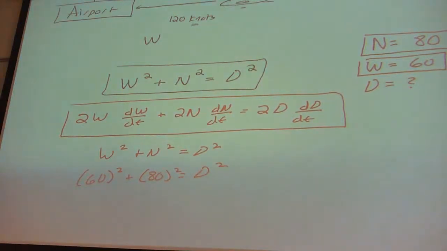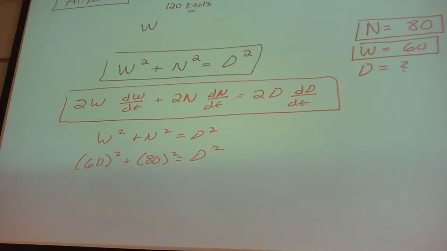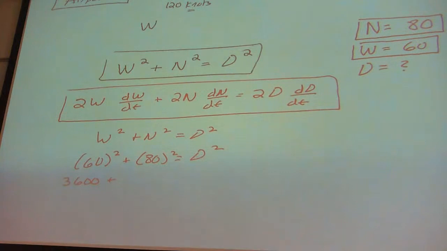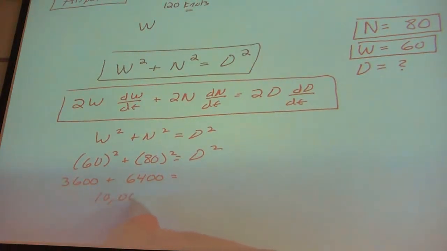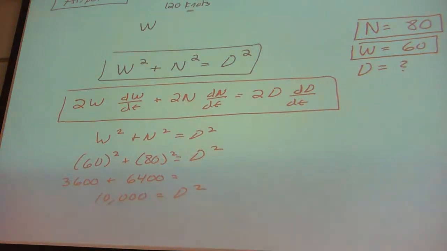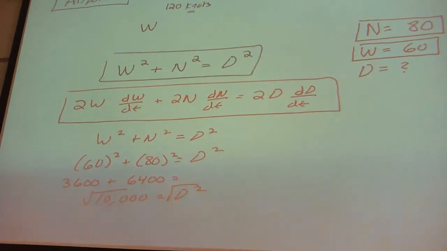Can I solve for D? Yep. So just like last time, we start solving. As I solve, I get D squared equals 10,000, D equals the square root of 10,000, which is 100.